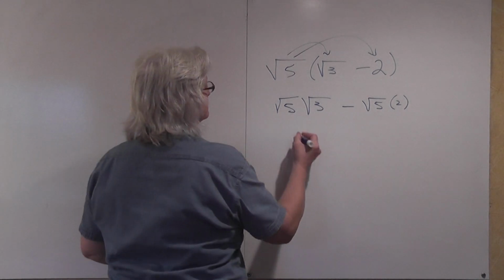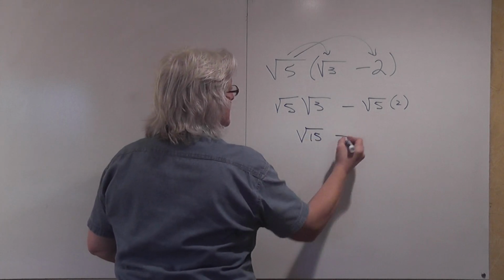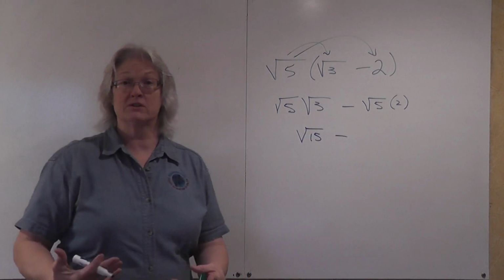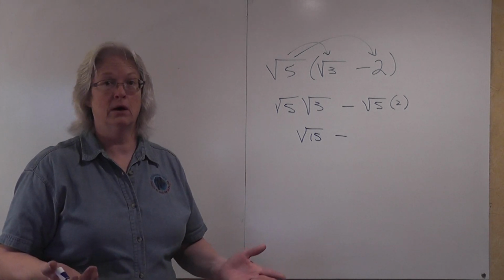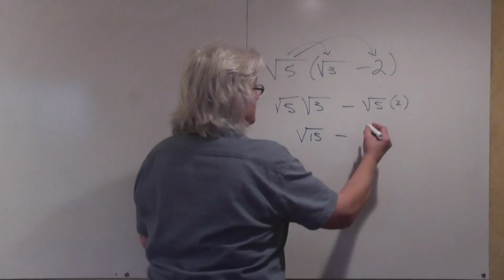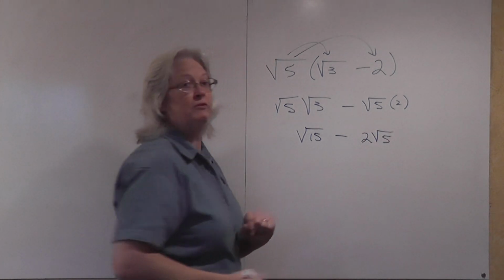We use our product rule, and this becomes the square root of 15 minus, what is the square root of 5 times 2? Is it the square root of 10? No, it's just 2 times the square root of 5.